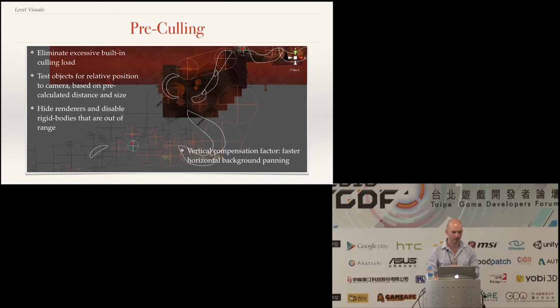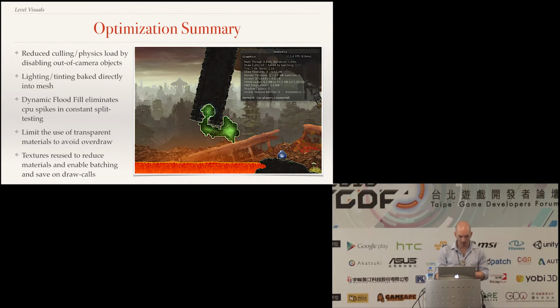The reason is we know much more than the culling system about the sprites. We know that all the sprites are basically facing the camera, that their size is not going to change, and that they're not going to move forward or backward. So it's very easy to know that a certain sprite is going to be moved away. So we very slowly go through all these sprites as the game is playing and remove those. Then all the player knows about is 500 sprites, which is not too much.